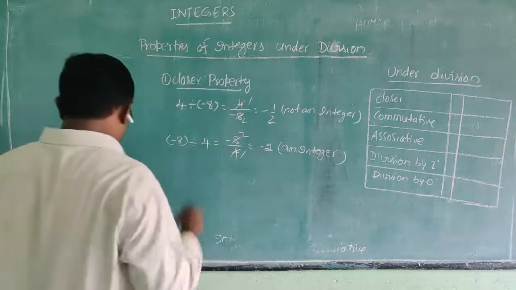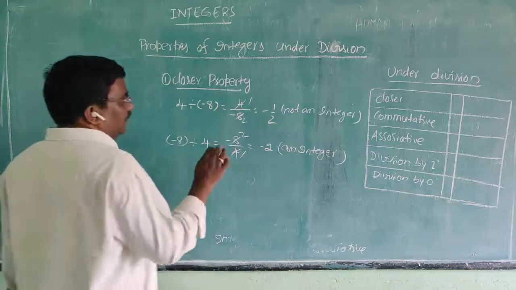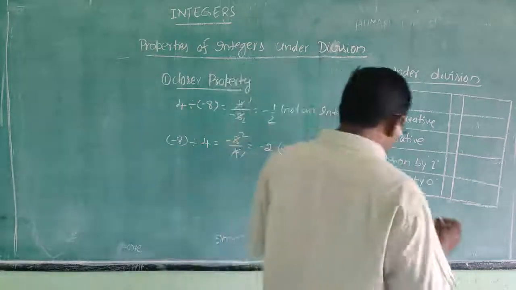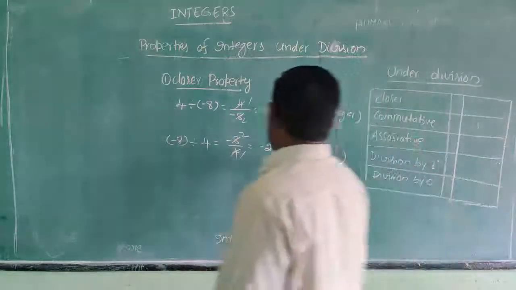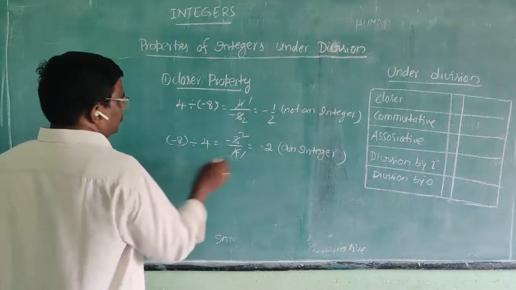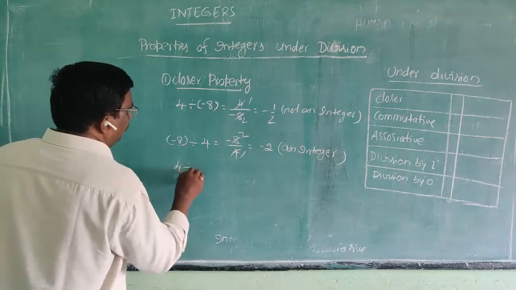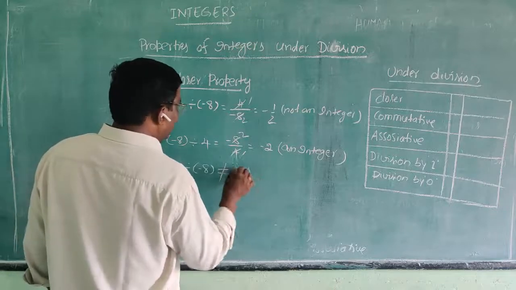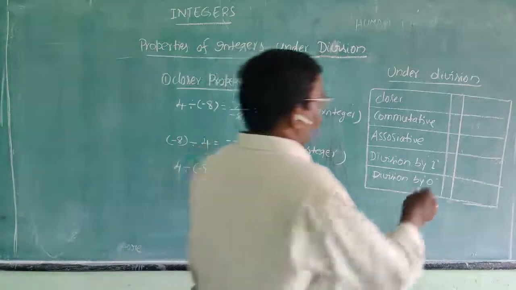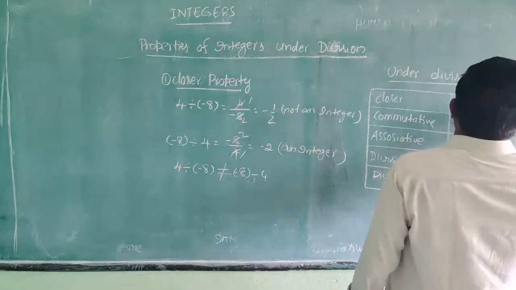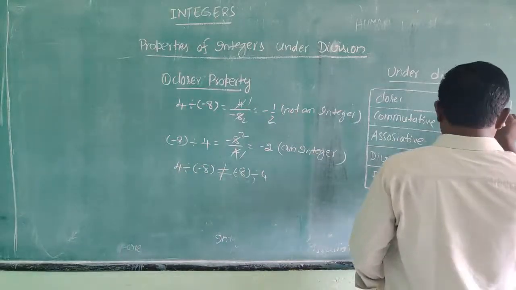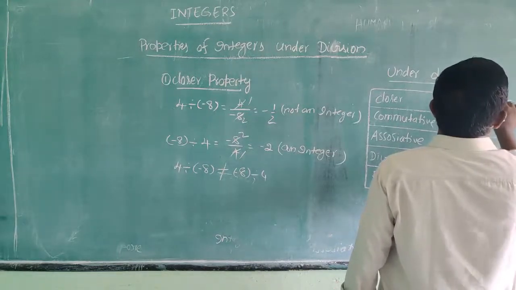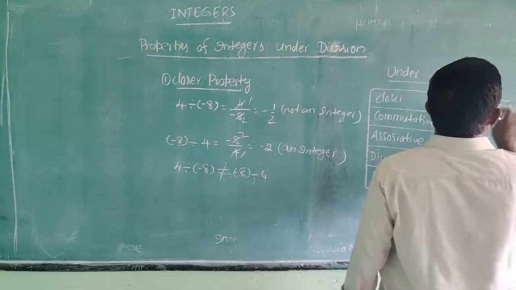So a divided by b is not the same as b divided by a: 4 divided by minus 8 is not equal to minus 8 divided by 4. So this is not closed. Not closed.